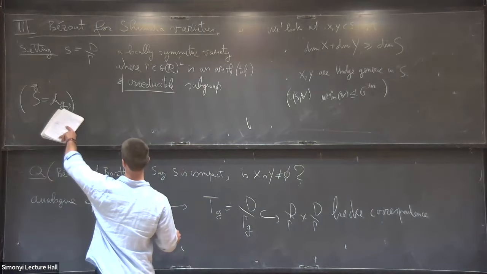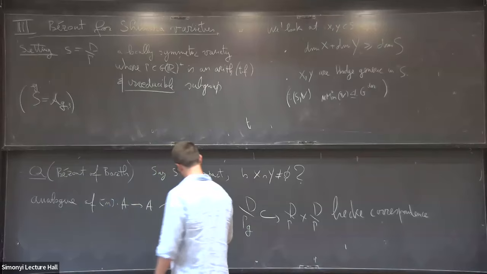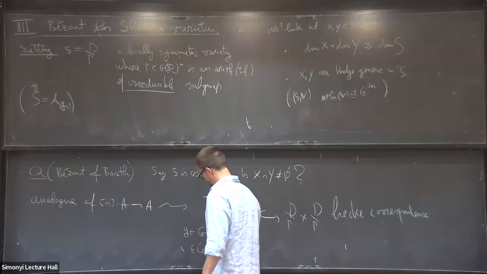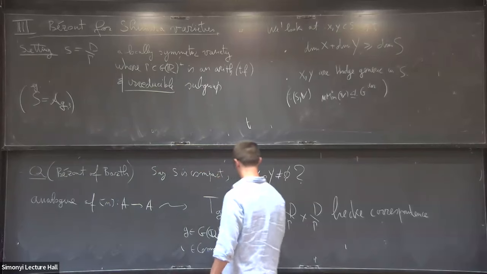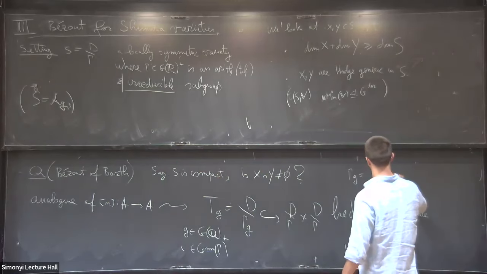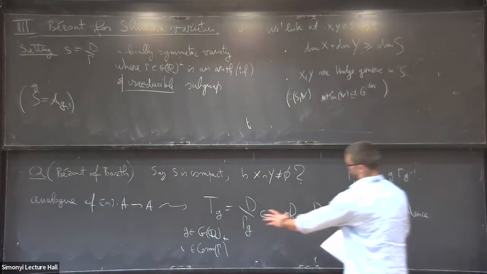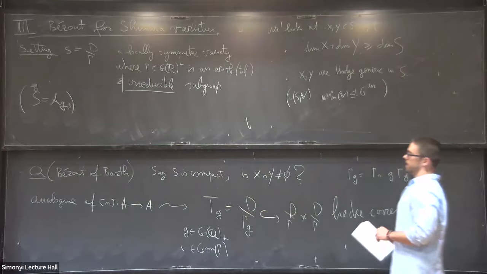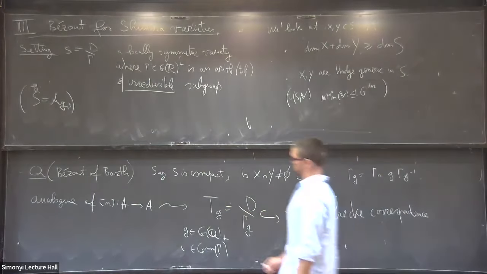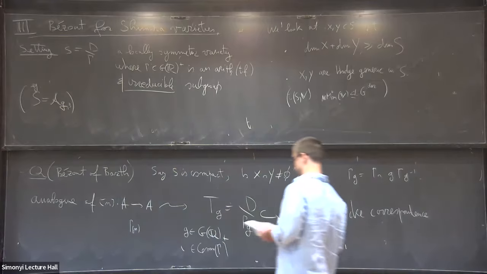G is not the same as before, of course. G is in GQ plus, or maybe in the commensurator of gamma. And what's gamma G? Gamma G is just gamma intersected with G gamma G minus 1. Those are correspondences that dominate both factors, and so maybe it's more like the analog of the graph of the multiplication by n in this setting.